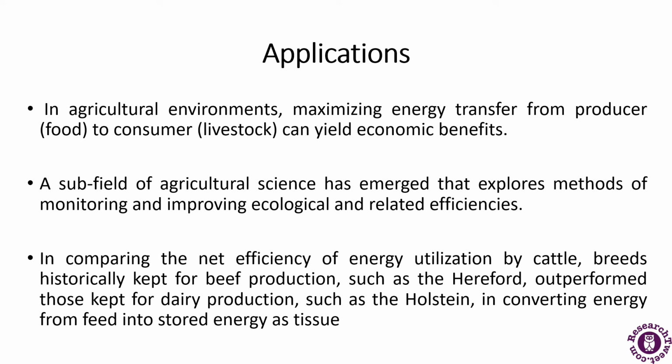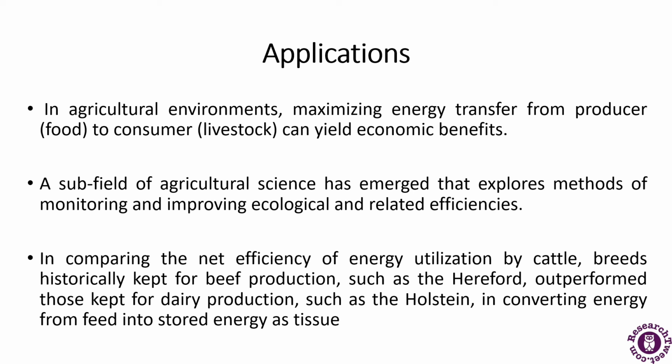In comparing the net efficiency of energy utilization, cattle breeds historically kept for beef production, such as Hereford, outperform those kept for dairy production, such as Holstein, in how much feed is converted to energy and stored as tissue.